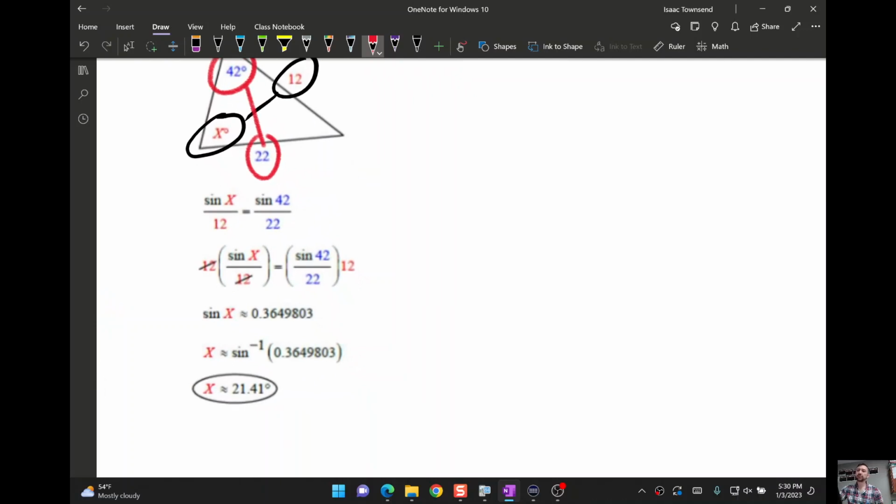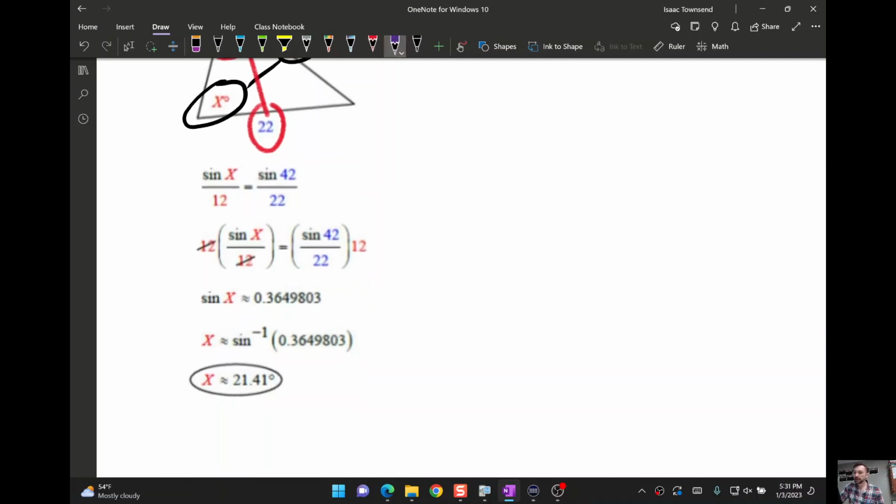And then if you start going about solving this, they undid times 12 with divide 12, and then they got down to here. They got sine x is equal to this. Now, remember, sine x is not the same thing as angle x. Sine is always between -1 and 1, so this is always going to be a small number, but this is not the angle.